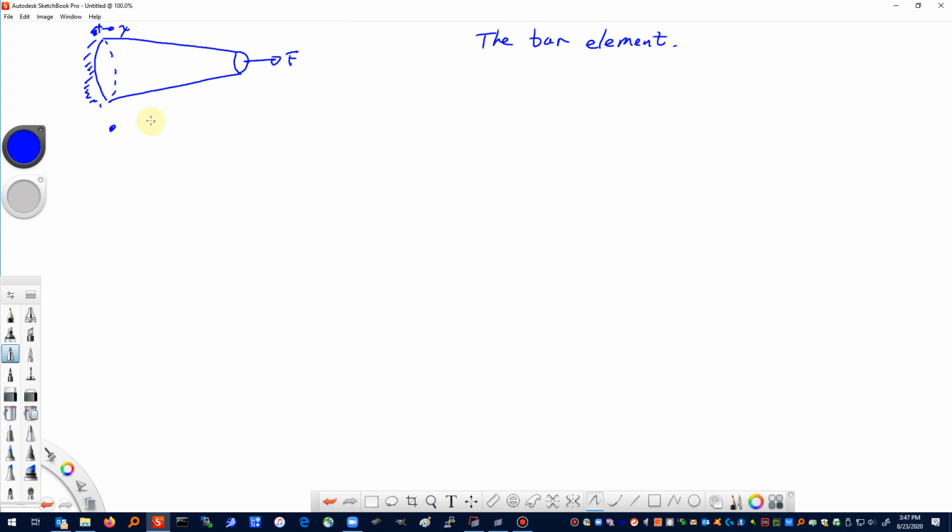Okay, so what I'm going to do is I'm going to break this up into, we can use equal lengths or we can use non-equal lengths, it doesn't really matter. Maybe if I spread this out just a little bit. I want 4 elements. Maybe I'll use a different color to emphasize this.